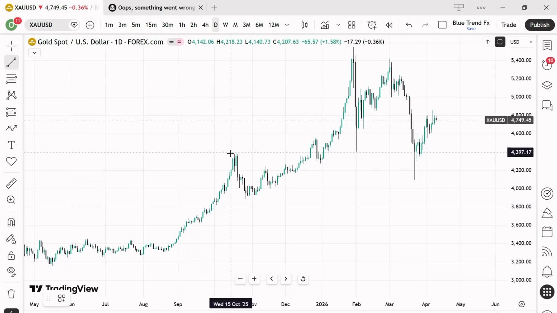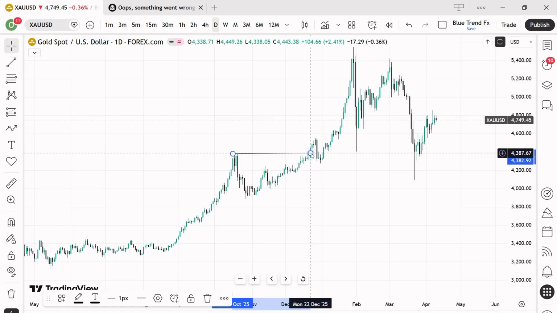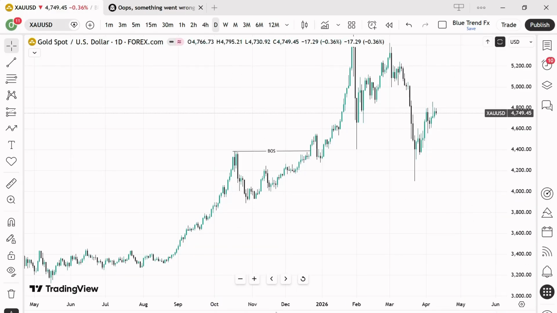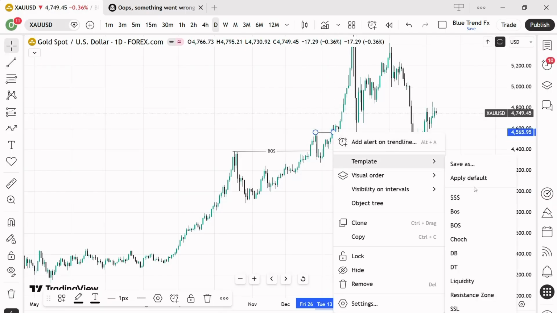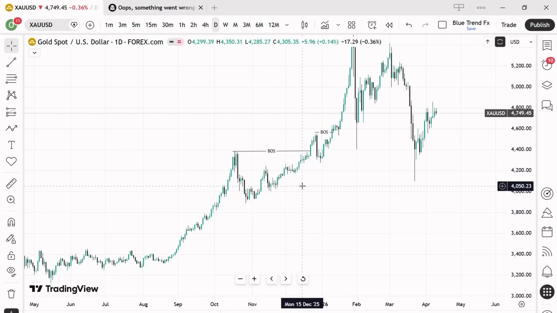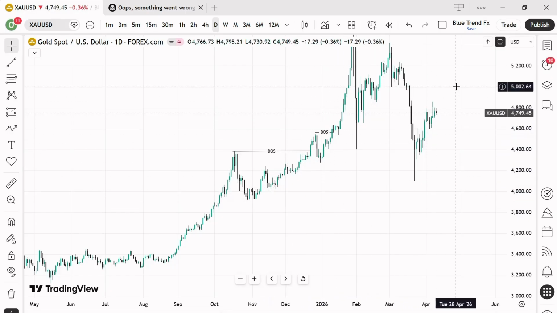On daily, our last major break of structure was here. This was more of an incomplete pullback. However, it's actually a break of structure. I consider that an incomplete pullback because it didn't pull back to the 50% premium level before pushing up.